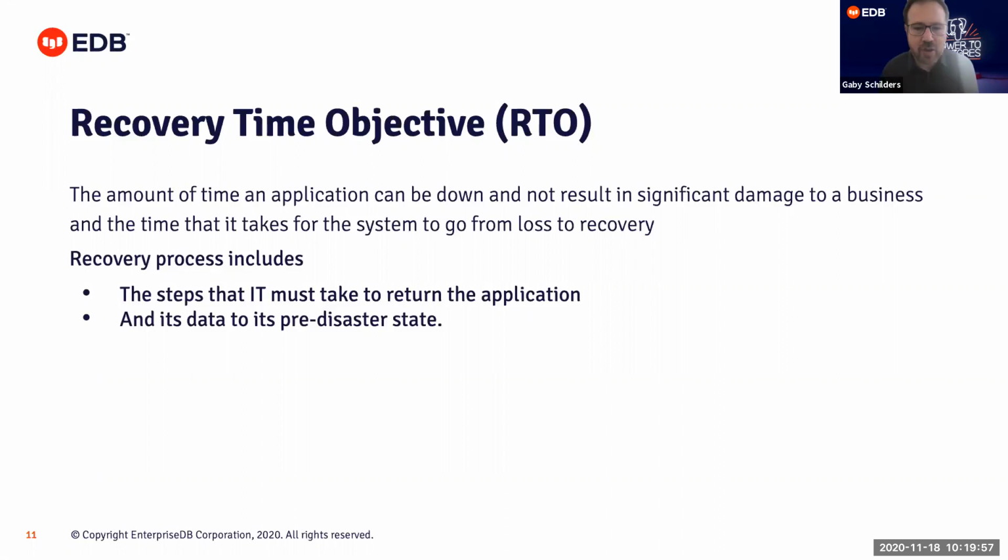Famous examples of industries where this is a very critical factor are organizations like banks, and other very transactional organizations where the business doesn't wait. And the recovery time needs to be very short, or the business will fail. So again, this is an extremely important objective for certain use cases.